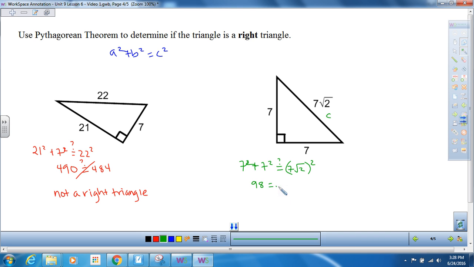And what you're doing is 7 squared and square root of 2 squared. If you type that whole thing in your calculator with parentheses on the outside, it should also give you 98. So yes, those do equal each other, so yes, this is a right triangle.